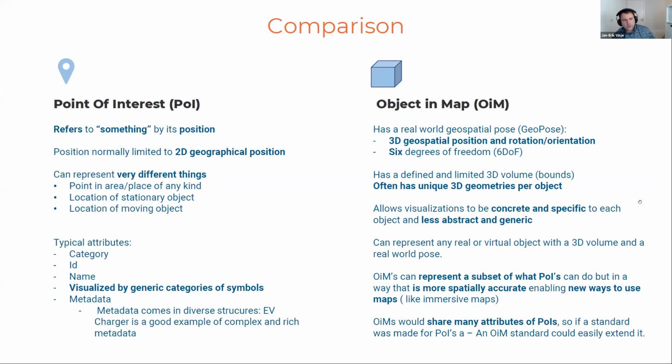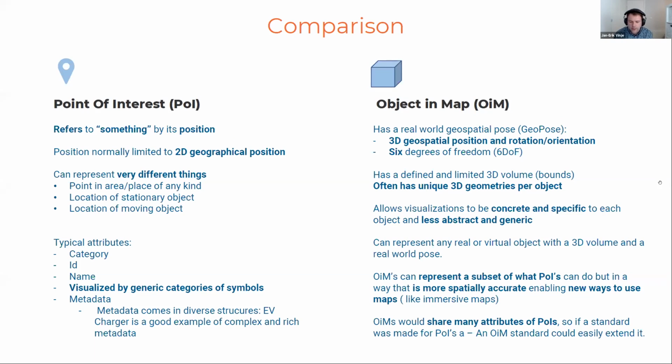POIs tend to have a few common attributes. You have categories, you ID them, you name them, and very typically you find some generic symbols. The category tends to inform what kind of generic abstract symbol you use to represent the points of interest. And then there could be any sort of metadata.